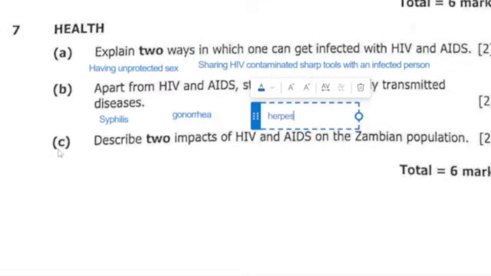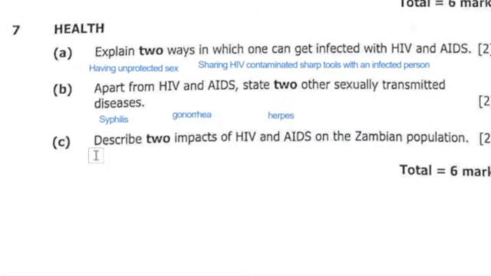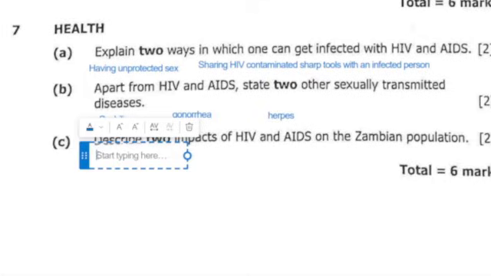Then question 7c is describe two impacts of HIV and AIDS on the Zambian population. So what are the impacts of HIV or AIDS? So one, HIV or AIDS has brought increase in orphans.